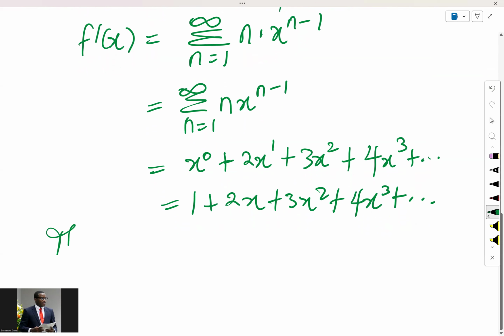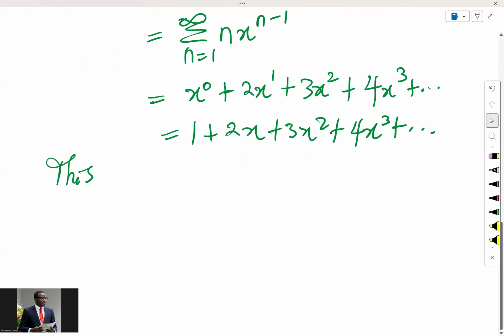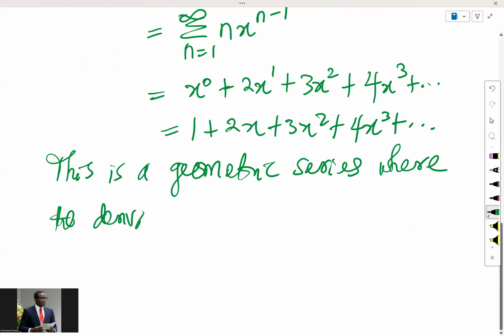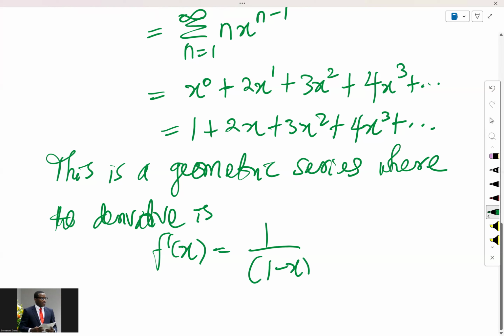Is it a geometric series with first term a and a common ratio?